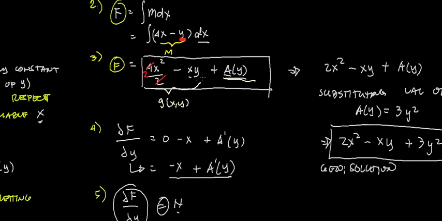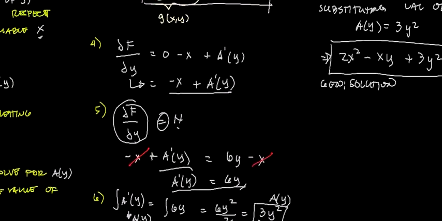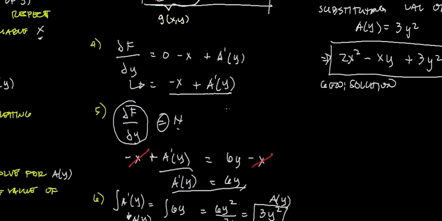And then after integrating, we do the opposite. We take the derivative with respect to y. So, integrating and then differentiating this, it yields this part, negative x plus A prime of y. And then we solve for A prime of y by equating this to N.